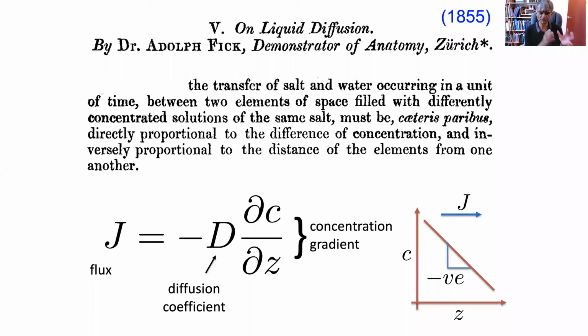where he put the flux of diffusion to be proportional to the concentration gradient. So this is the concentration gradient here, and this is the diffusion flux. Flux means the amount of material flowing through a unit area in unit time. And the proportionality constant here is the diffusion coefficient, and the minus sign arises because the flux is going in the positive z direction, but the gradient is negative.